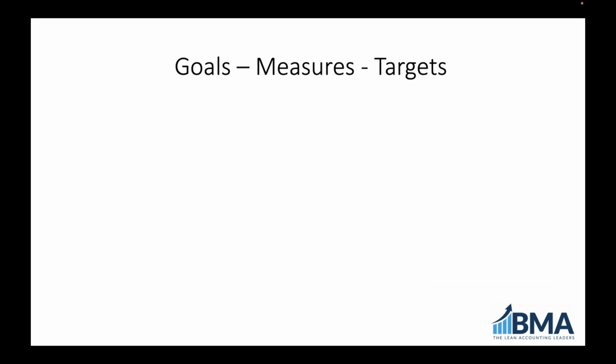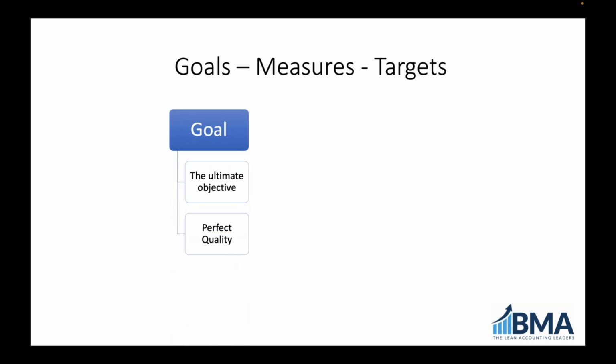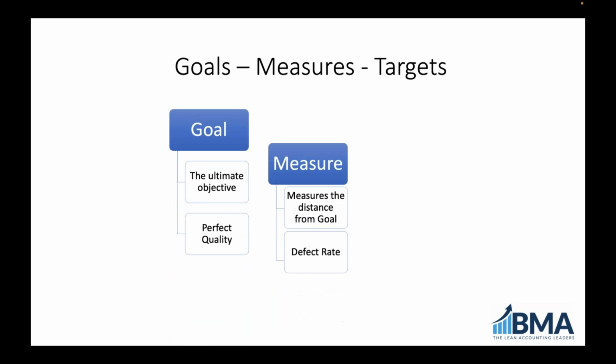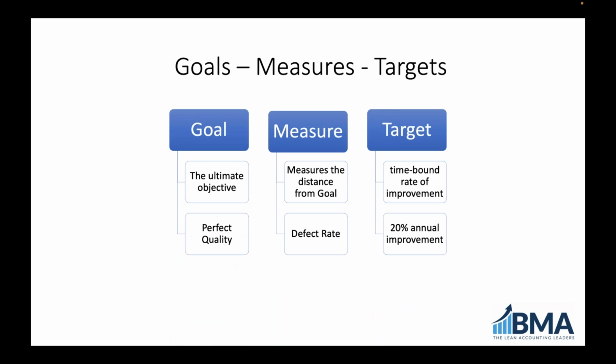The other piece of a lean performance measurement system is defining terms, because I've seen over the years that people can get these terms confused. There's a goal. That is the ultimate objective, for example, perfect quality.